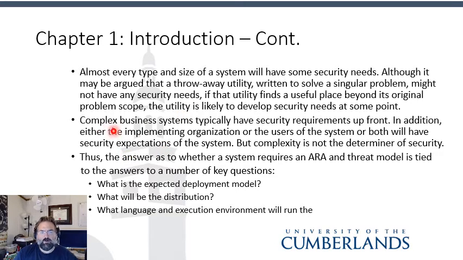So when you're talking about complex business systems, you're going to know what the requirements are at the beginning. Sometimes, although sometimes those requirements will be incredibly vague and nebulous. The system should be secure or something that's worthless like that. But sometimes we know more about the more complex stuff ahead of time.